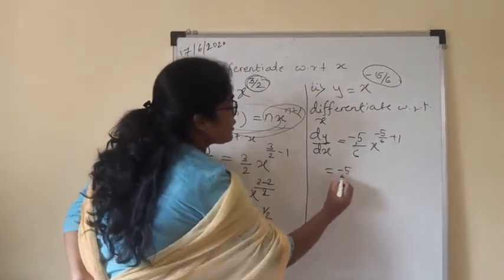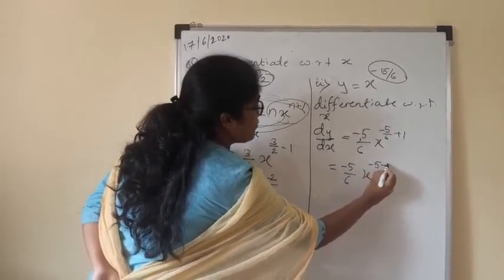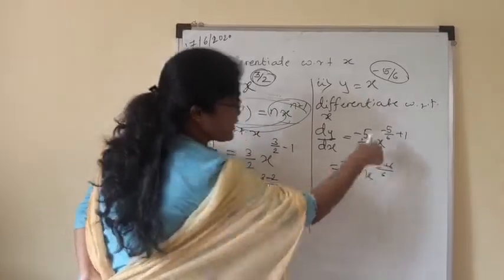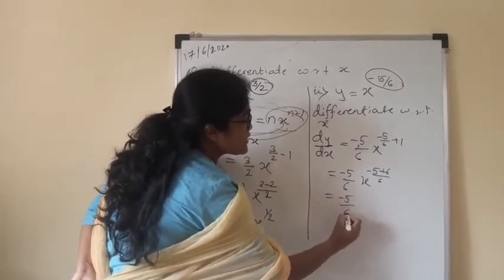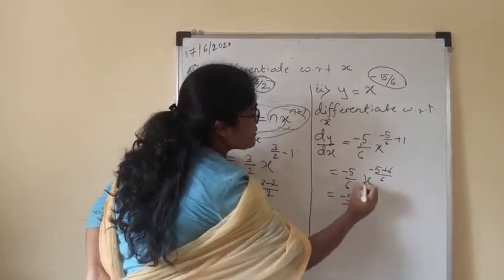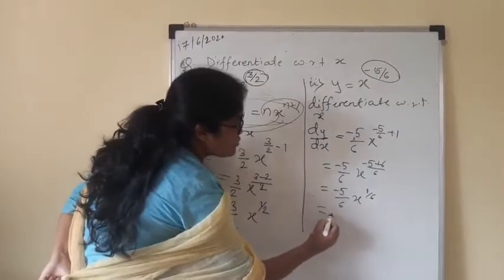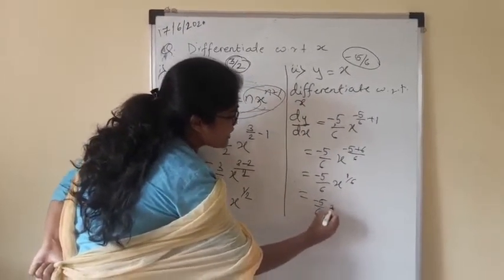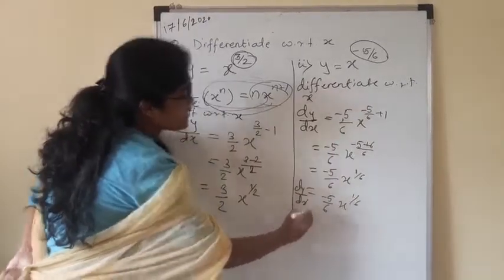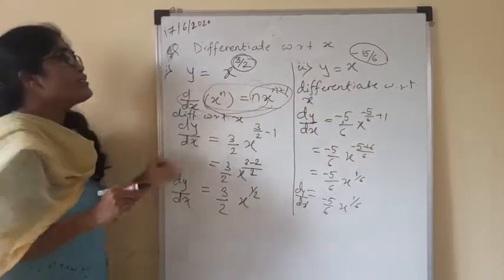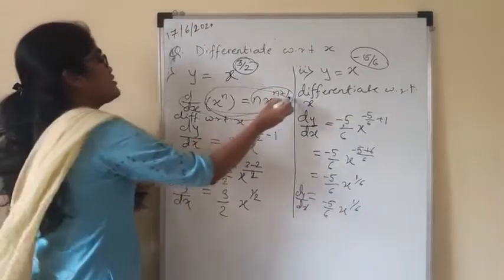So minus 5 upon 6 x raised to minus 5 plus 6 upon 6 after taking LCM. So minus 5 upon 6 x raised to 6 minus 5, that is 1 upon 6. So this will be minus 5 upon 6 x raised to 1 by 6. This is dy by dx. In this way, these were examples of this type.